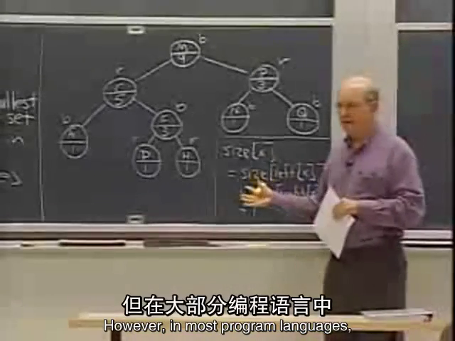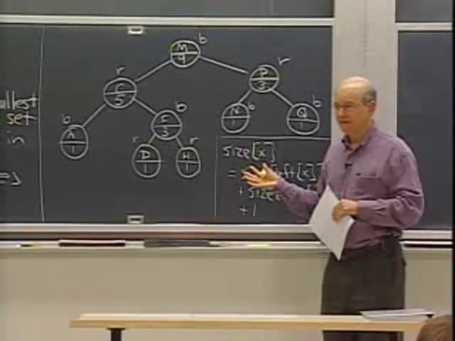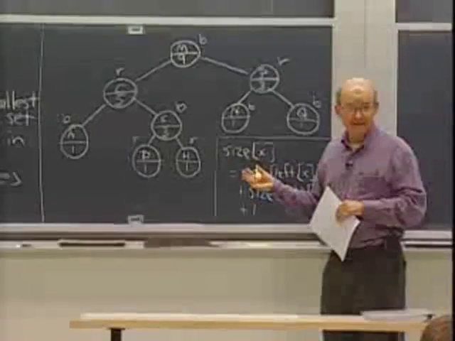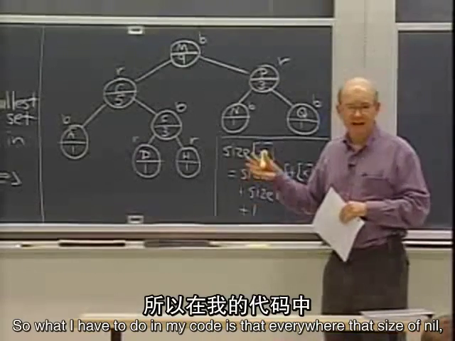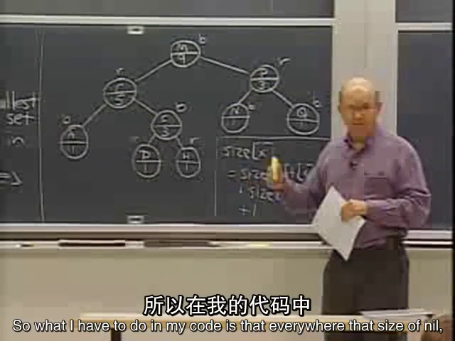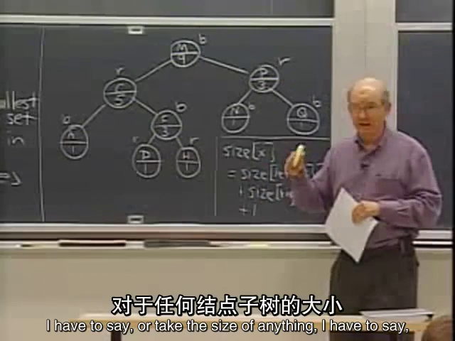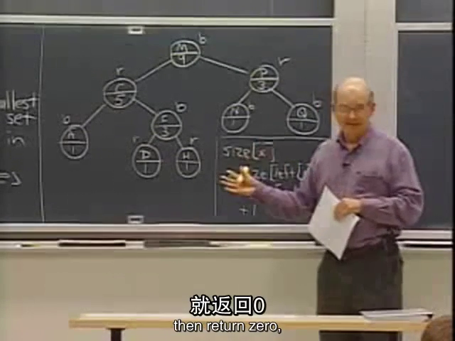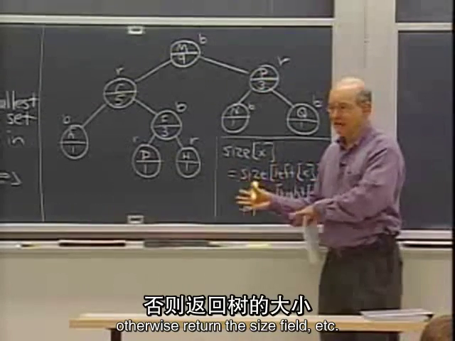However, in most programming languages, if I take size of nil, what will happen? You get an error. That's kind of inconvenient. So what I have to do in my code is everywhere that I might want to take size of nil, or take the size of anything, I have to say, well, if it's nil, then return 0, otherwise return the size field, etc.